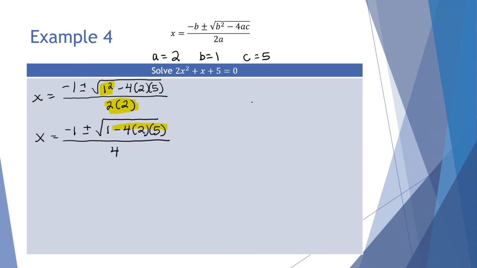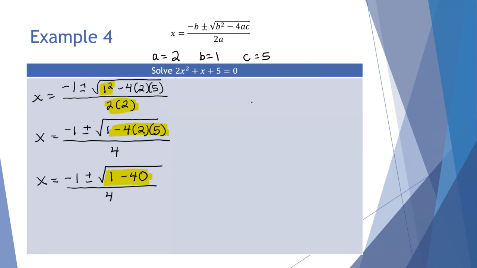Next step is to multiply the -4 times 2 times 5. So x equals -1 plus or minus square root of 1. The -4 times 2 is -8. -8 times 5 is -40. So this is going to be -40 all over 4.